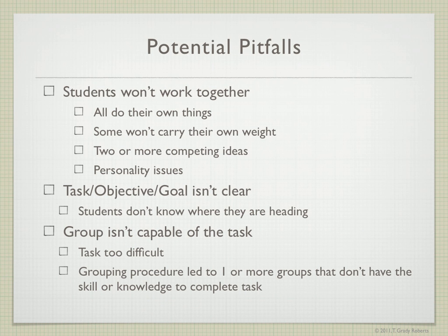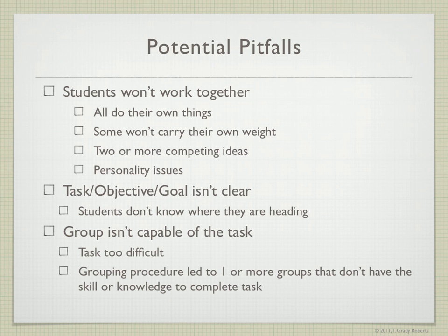Now, some potential pitfalls with cooperative learning. Students won't work together. They all want to do their own thing. Some won't carry their weight. Two or more competing ideas, personality issues. Sometimes you run into a problem where you formed a group and the group itself just can't or won't work together. The second pitfall is that the objective or goal is not clear.